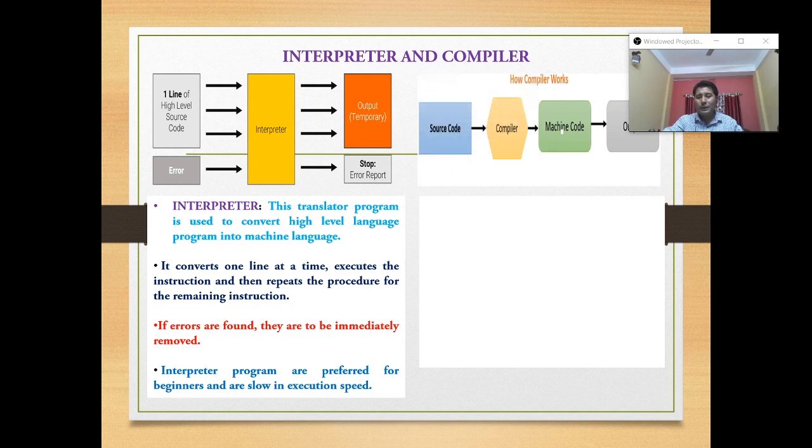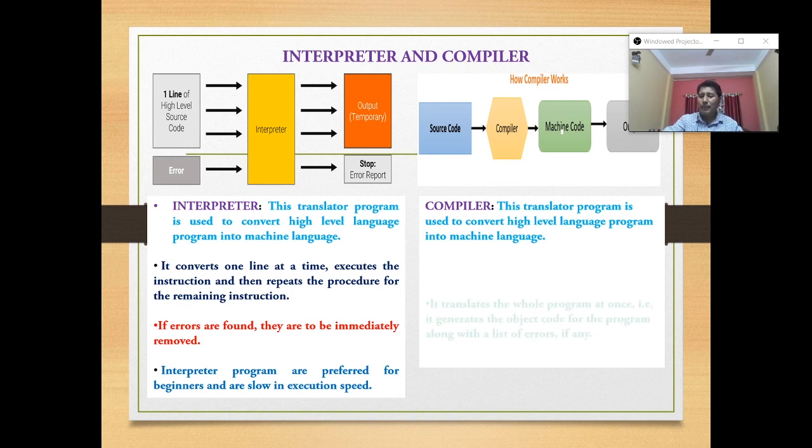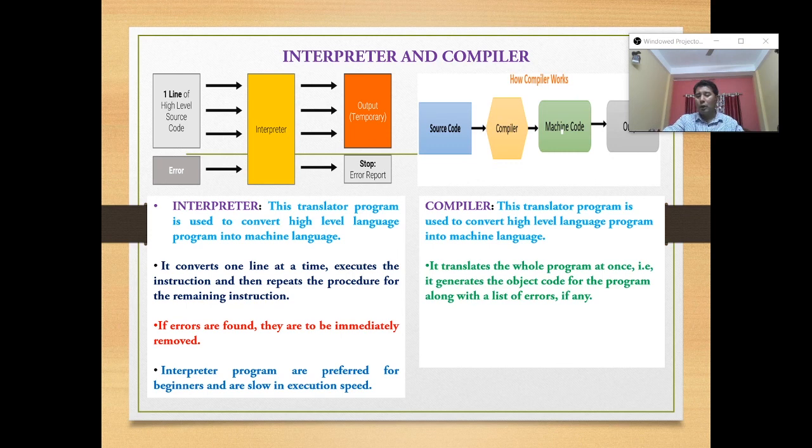Now let us see what a compiler is. Just like the interpreter, it is also a translator program used to convert a high level language program into machine code. Unlike the interpreter, which checks one line at a time, the compiler translates all the programs written in the high level language into machine code.